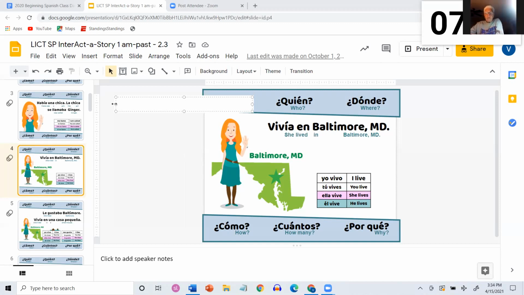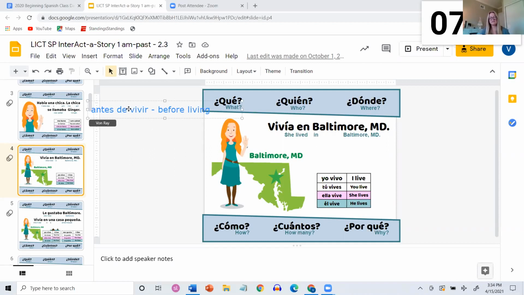So would the correct thing to say be Ginger vivía in Baltimore, and then antes de vivir in Baltimore, allí vivía in Dakota del Sur? Yep, fantástico. So vivir can be to live, and it can also be living. Absolutely. Different contexts.